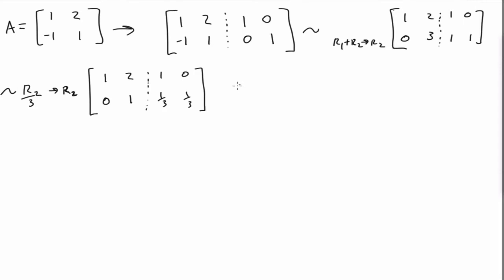The next thing we want to do is another similarity transformation. I'm going to multiply negative 2 times row 2, add that to row 1, and that will be my new row 1. The numbers that stay the same are the 1 and the 0 in the left, and the 1/3 and 1/3 in row 2.